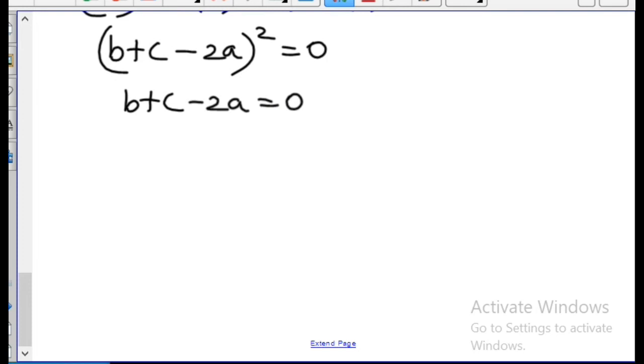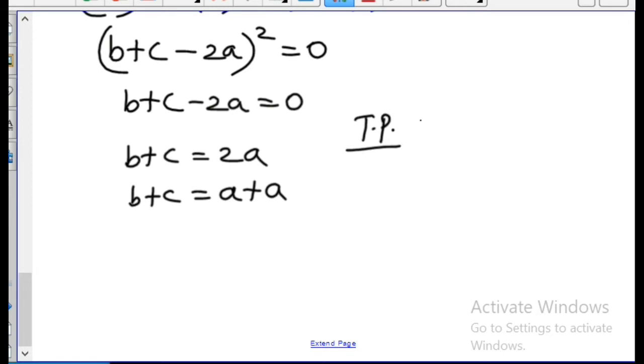So keep b plus c equal to 2a. I split it as a plus a. b plus c equal to a plus a. Here it is given as to prove b, a, c are in AP.